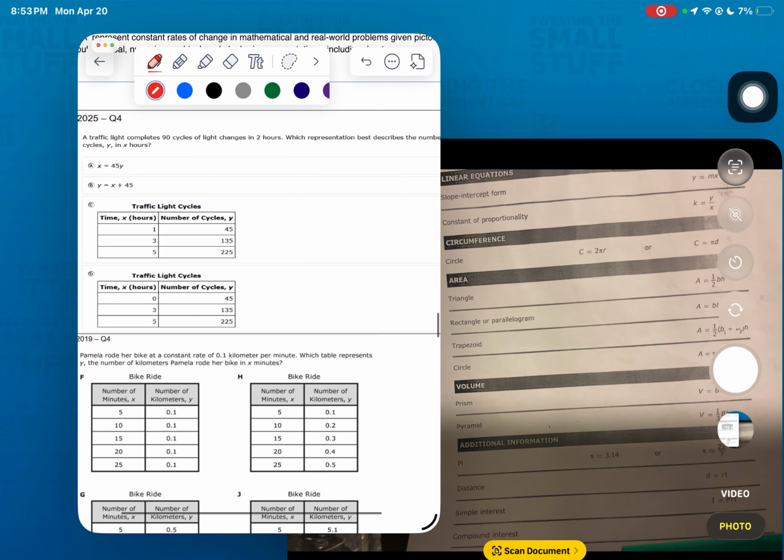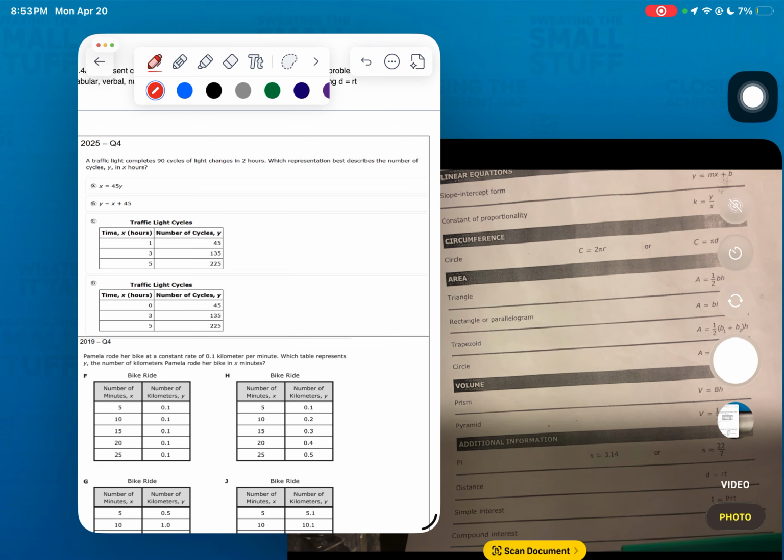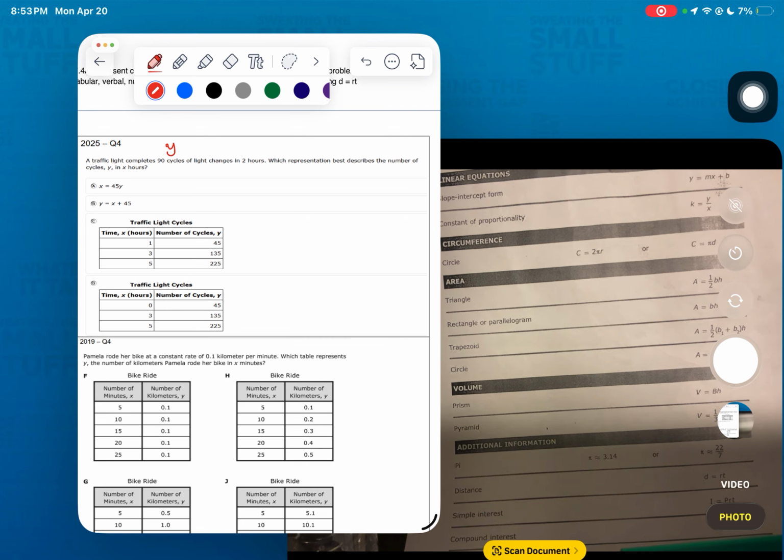So, you're given that a traffic light completes 90 cycles of light changes in 2 hours. Which representation best describes the number of cycles y, so the number of cycles is y, in x hours. So the number of hours is x.